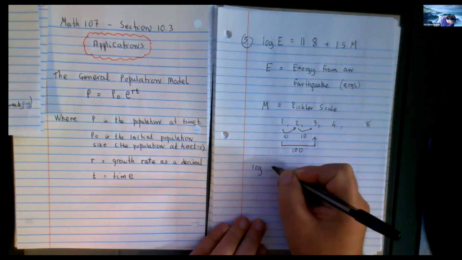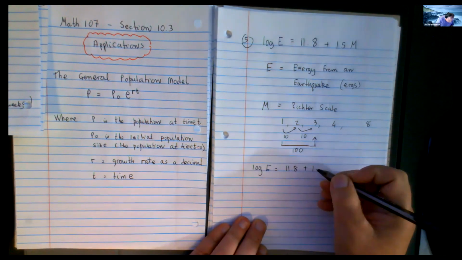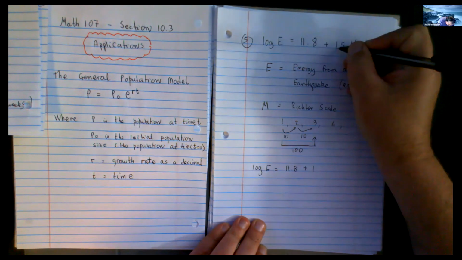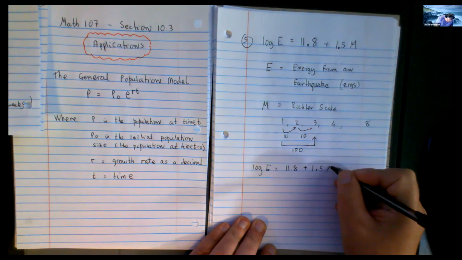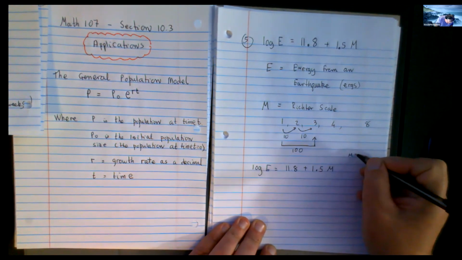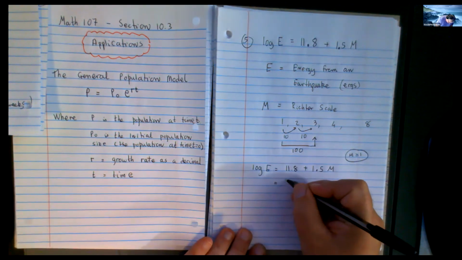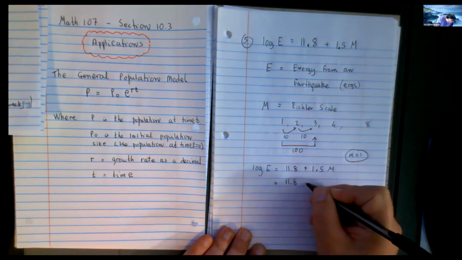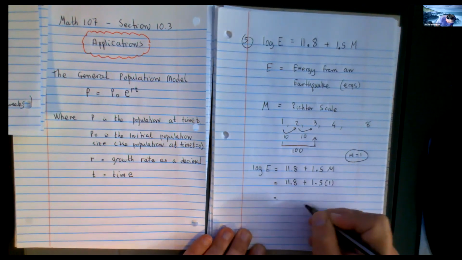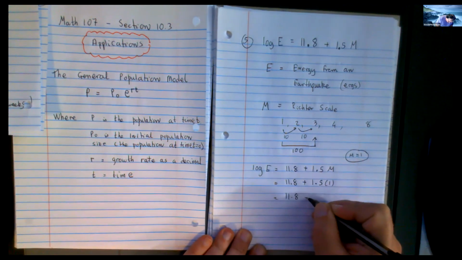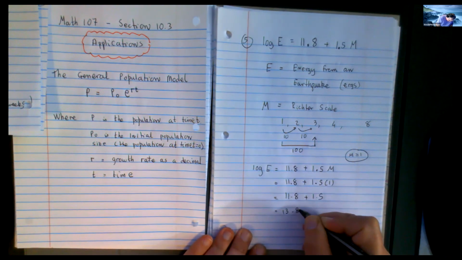So the log of E is 11.8 plus 1.5 M, with a decimal point there and there. We're going to do a level 1 earthquake, so that's number 1 on the Richter scale. That's 11.8 plus 1.5 times 1, and that ends up being 11.8 add 1.5, that's 13.8.